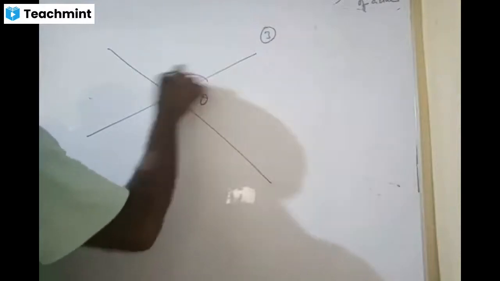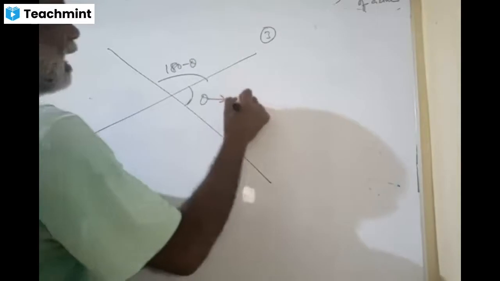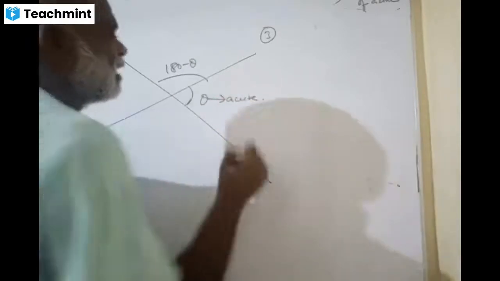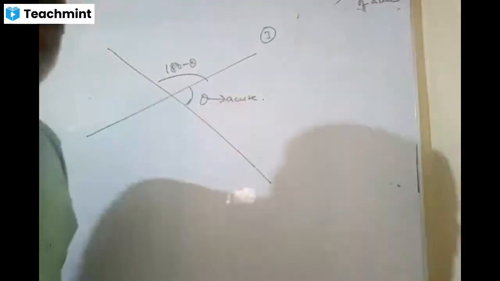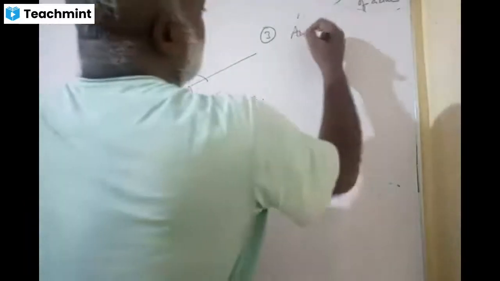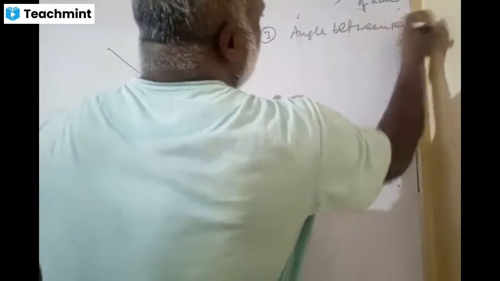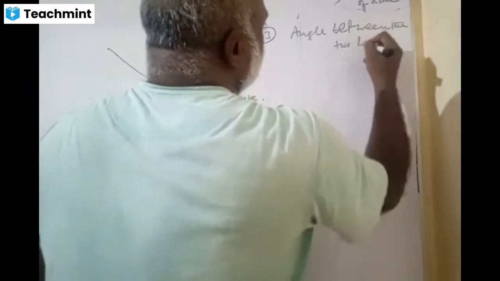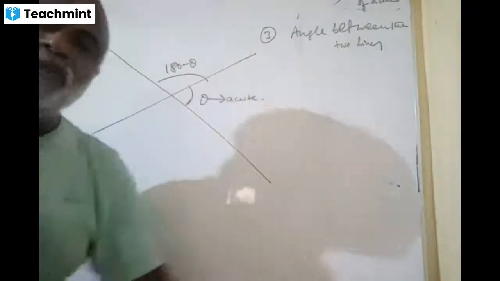Number 3, you take one line like this and two lines like this, and you have two angles now. One is theta, the other one is 180 minus theta. If this is an acute angle, we are interested in the angle between the two lines now. That's the third, the angle between the two lines, particularly the acute angle between the two lines.